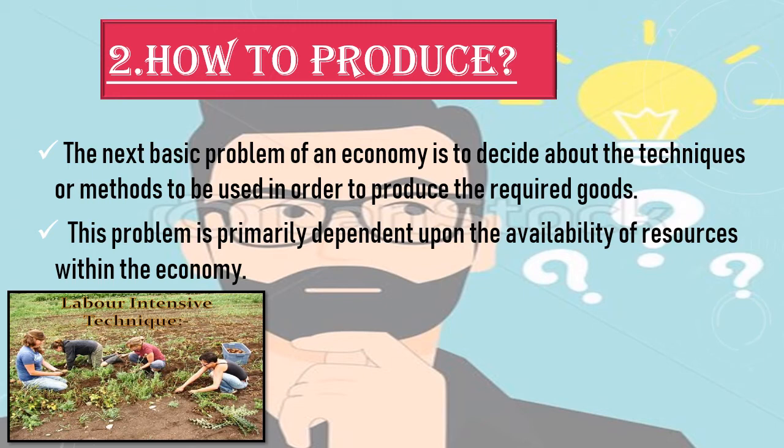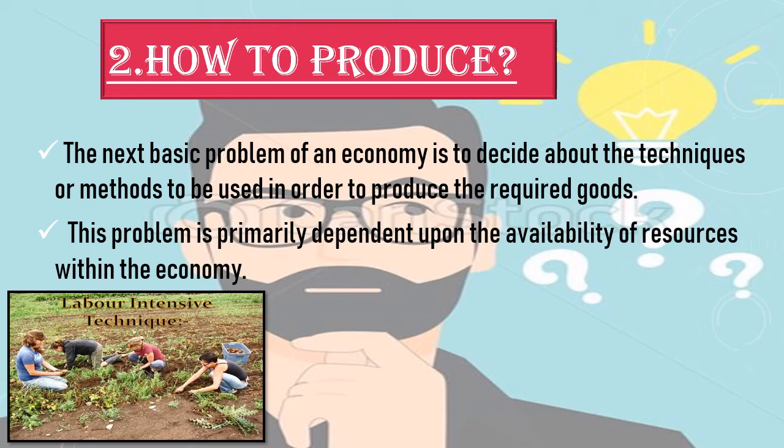techniques of production. The first one is the labor intensive technique. Under this technique, labor is used more than machinery. So basically, in a few areas, labor is very cheap, and the producer can think about this, and hiring laborers can decrease the cost of production compared to installing modern machinery.